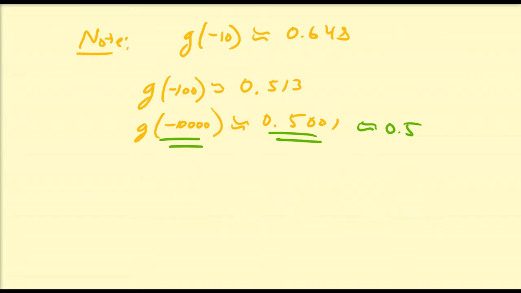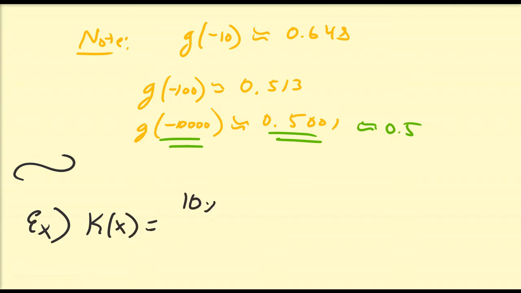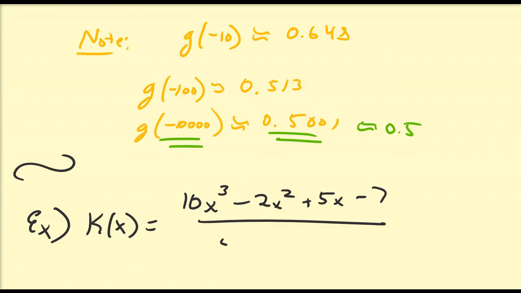All right, so let's look at our next example. So let's assume we have k of x is equal to 10x cubed minus 2x squared plus 5x minus 7, all divided by 5x squared minus 2x plus 3.